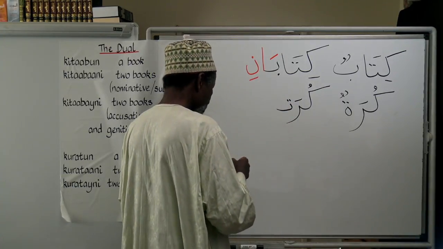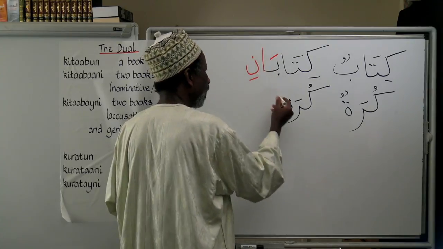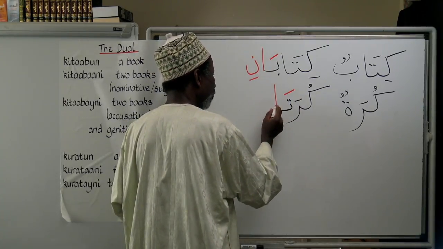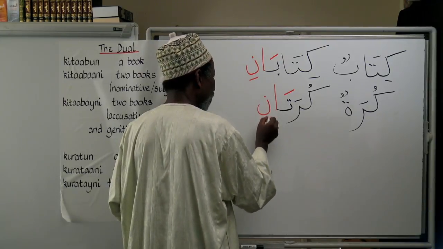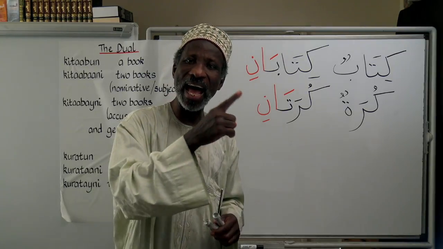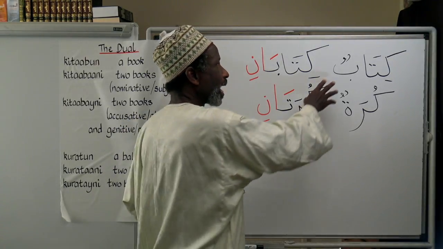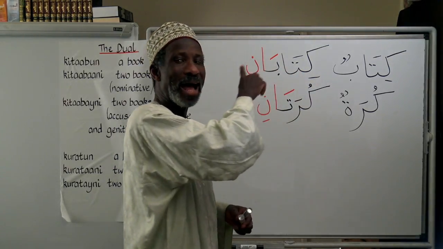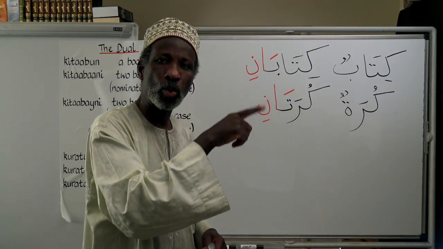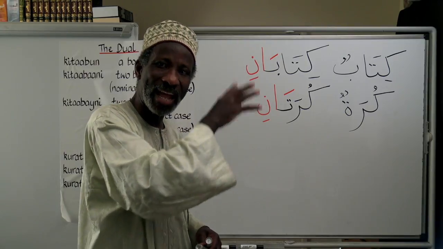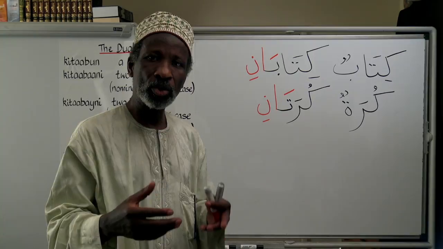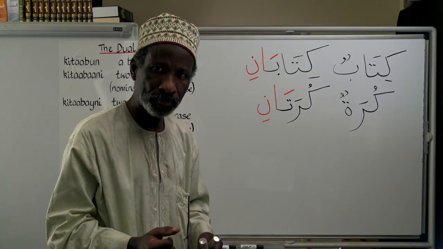That's your ta. Then, just as we did here, we put fatha and extend it with an alif and write noon with kesra. Now kuratani becomes an ani ending. So kitabun, kitabani, kuratun, kuratani. So the ani ending will convert any singular noun to dual.